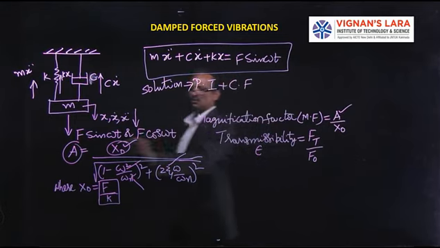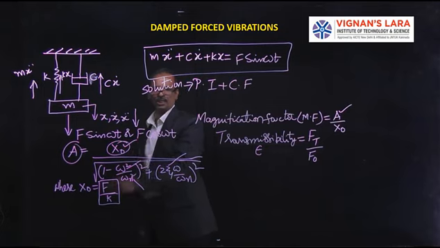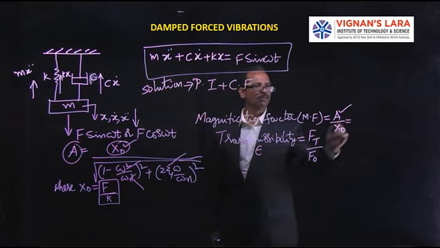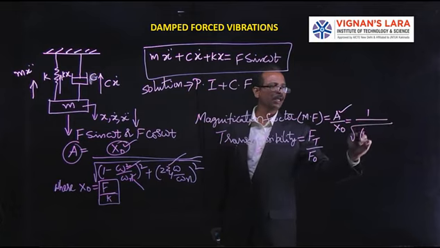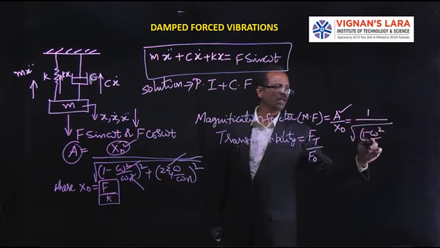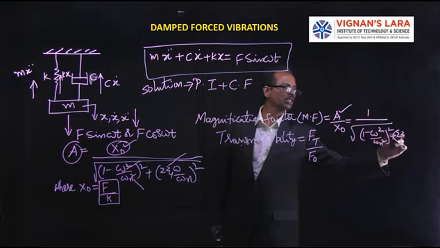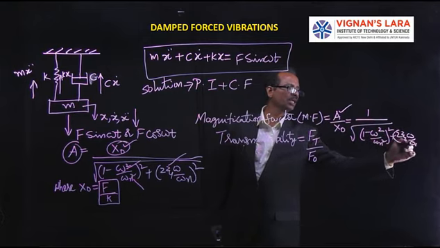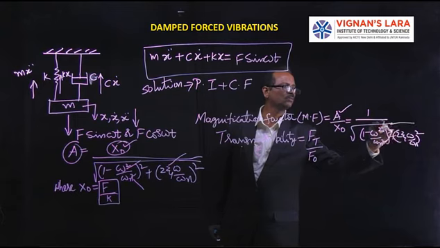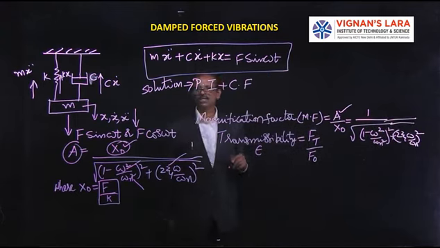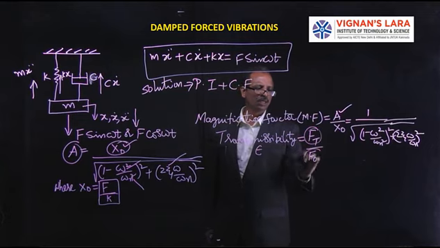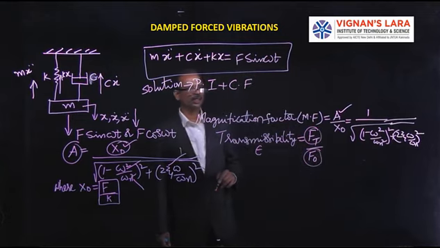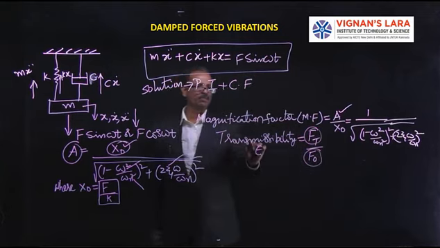If you look at A by X naught, if you take X naught out, it simply becomes 1 by root over 1 minus omega square by omega n square, whole square, plus 2 zeta omega by omega n, whole square. Then Ft by F naught, that is force transmitted by force applied, is called the transmissibility epsilon.